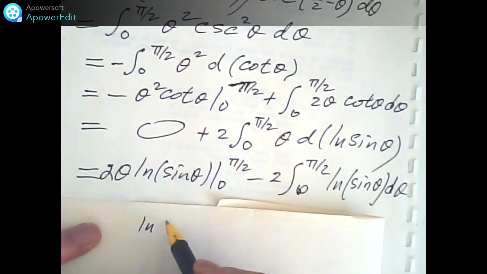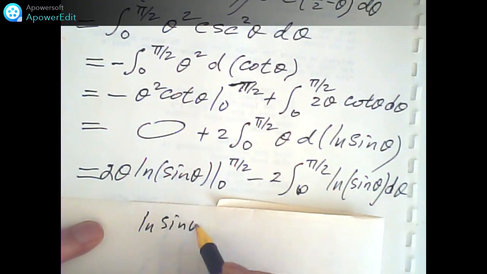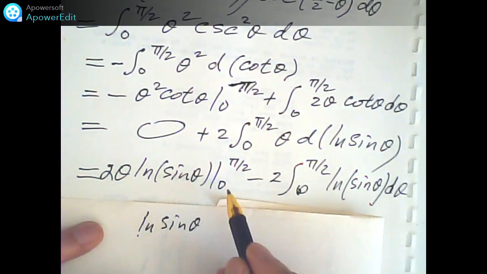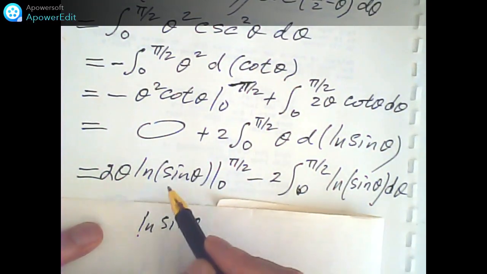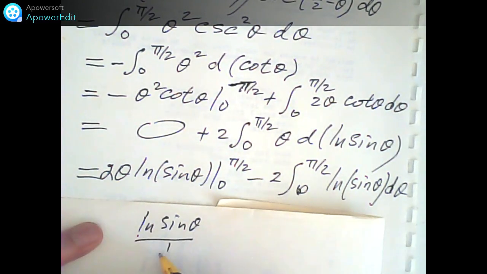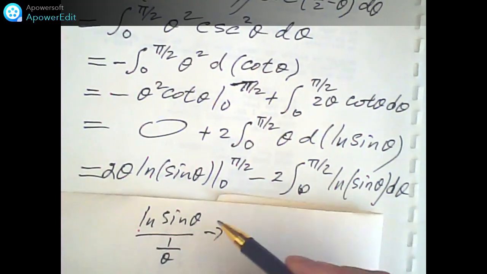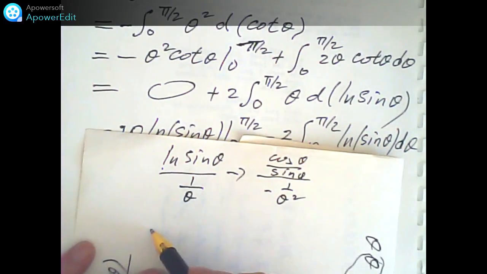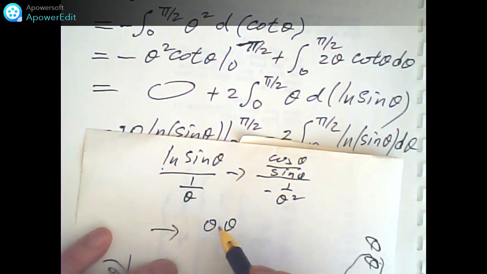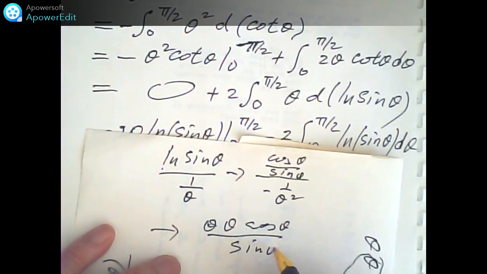this is a log sine. When theta is half pi, no problem, it's 0. When theta equals 0, this is infinity, this is 0. So I created the condition for L'Hopital's rule. Now you take a derivative, which is cosine over sine, right? This is a negative 1 over sine squared. So this puts you to theta times theta, cosine theta over sine.